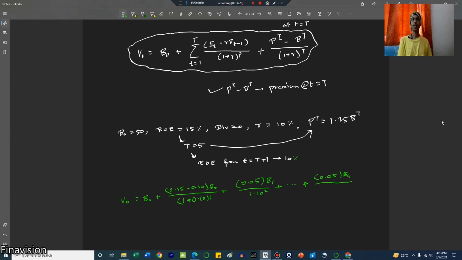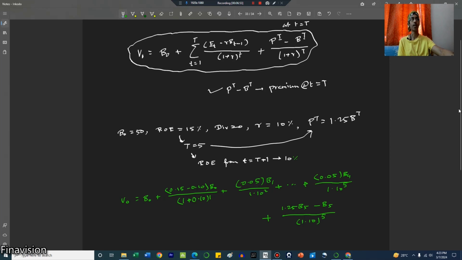So it starts from 0, right? 0, 1, 2, 3, 4. These are 5 instances. 1.10, this is to the power 5. Plus we take the premium, 1.25 into B5, minus B5, divided by 1.10 to the power 5.